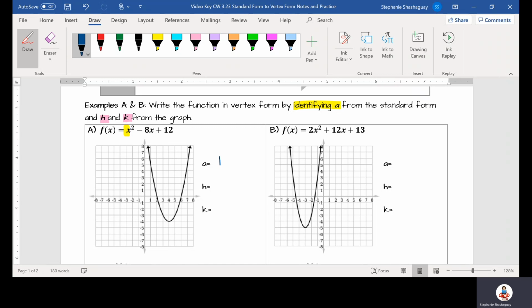So our h, remember, is our x value, and our x value is on our x-axis right here, and that is going to be 4. And the k here, my y value on my y-axis, is going to be equal to negative 4. So my vertex is 4, negative 4.